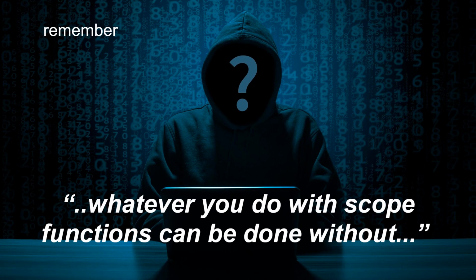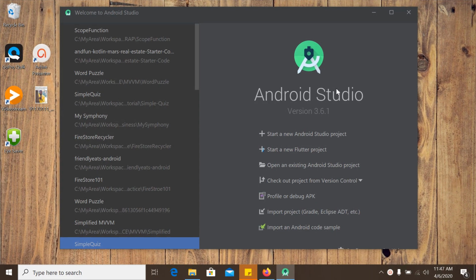Alright, let's start coding. First, we will go to the Android Studio IDE. Although we are not doing any Android specific project here, you can use any kind of Kotlin IDE like IntelliJ or Visual Studio Code. But I will demonstrate this example in Android Studio.